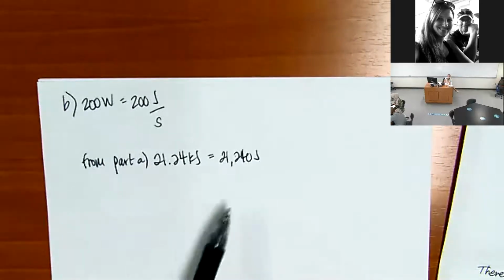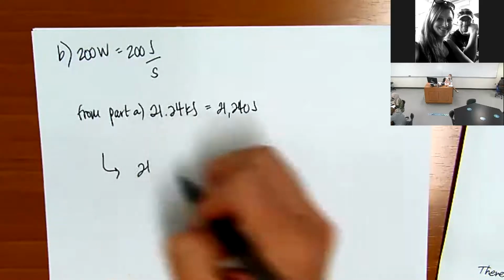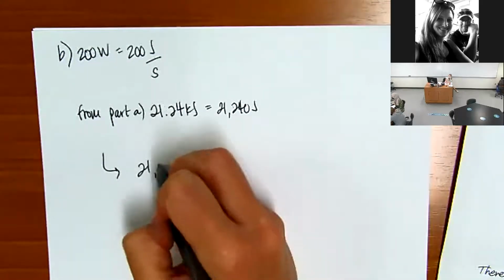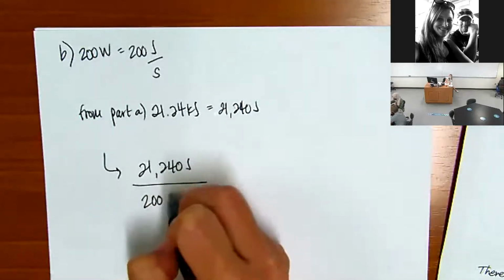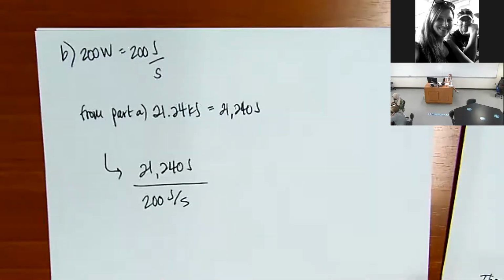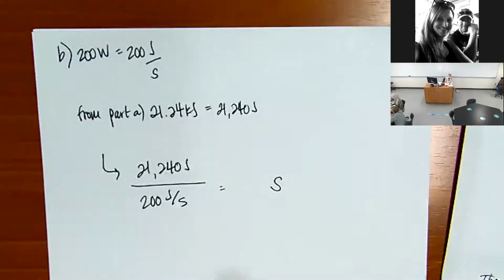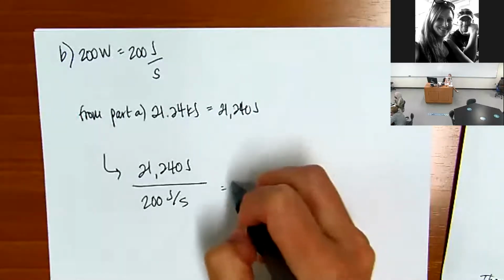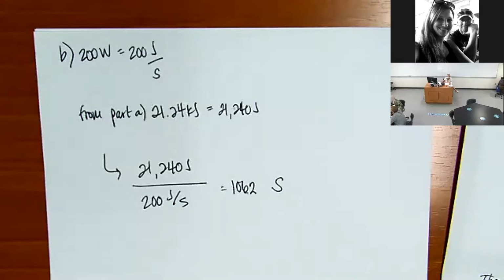You can see how the relationship between these is going to give you time. So if I have 21,240 joules divided by 200 joules per second, then my units that are going to be left are going to give me seconds. And this is going to give me 106.2 seconds, sorry.